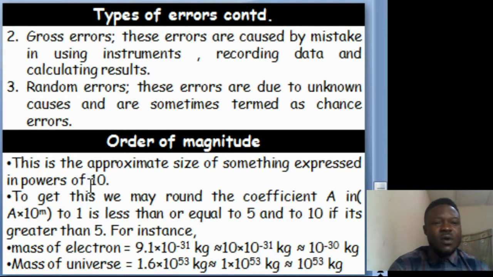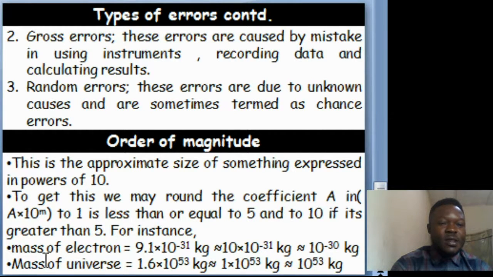Now, to estimate such, to round it off, you round the coefficient a, in a times 10 raised to power m. You round a to 1 if a is less than or equal to 5, but you round it to 10 if it is greater than 5.